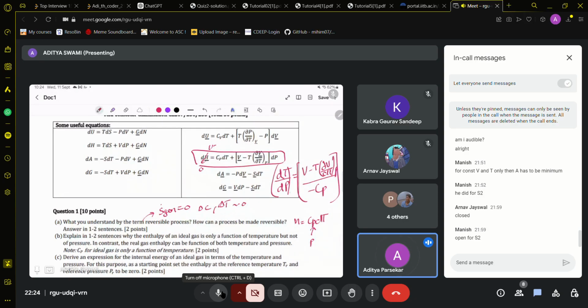So this is at constant enthalpy. Expression for dH by dP is the same, so it's going to be positive.